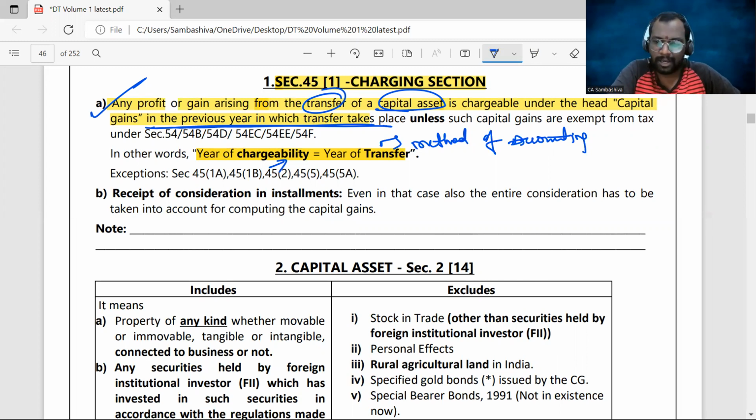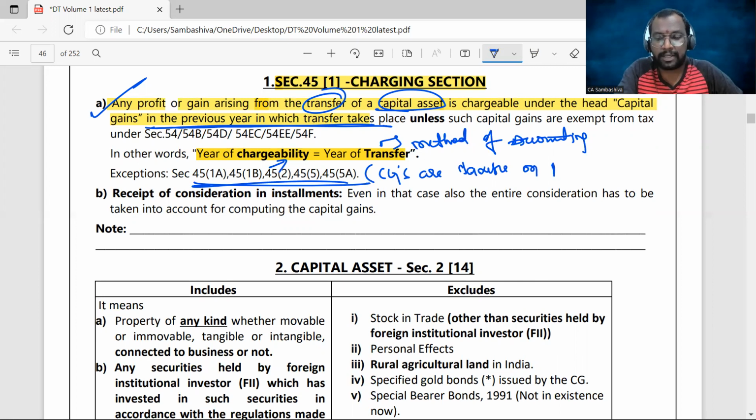Similarly here also, the method of accounting is accrual basis and capital gains are taxable in the year of transfer, but there are certain exceptional cases where capital gains are taxable on receipt basis. On receipt basis means only in the previous year in which the consideration is received are the capital gains taxable.